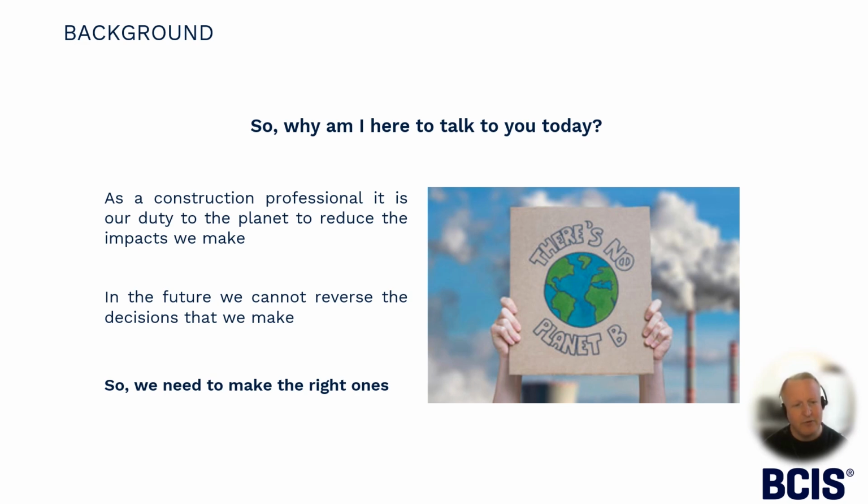We can't reverse the decisions that we make, and that's not necessarily just an ecological, environmental type voice. If you build something now, you're stuck with that thing for the next 60 whatever plus years.